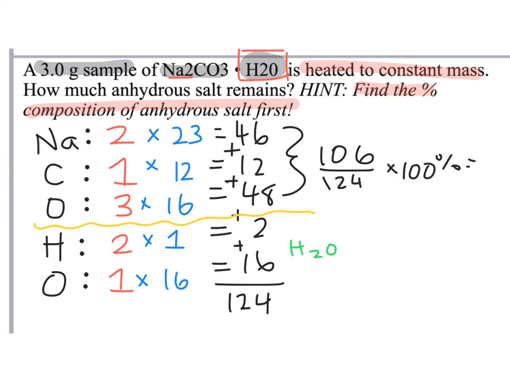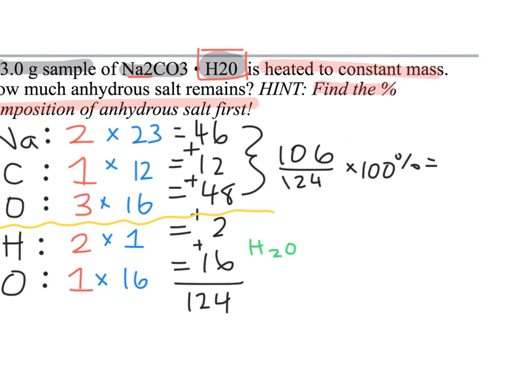This is going to get us to a value which is 85.48. Now, do I have to be that detailed? Not particularly. So we can leave this here as this percent.